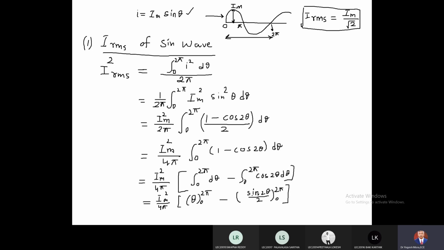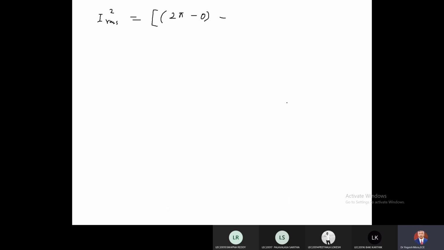Then inside sin 2 theta with limit 0 to 2 pi. So this will be sin 4 pi minus sin 0.